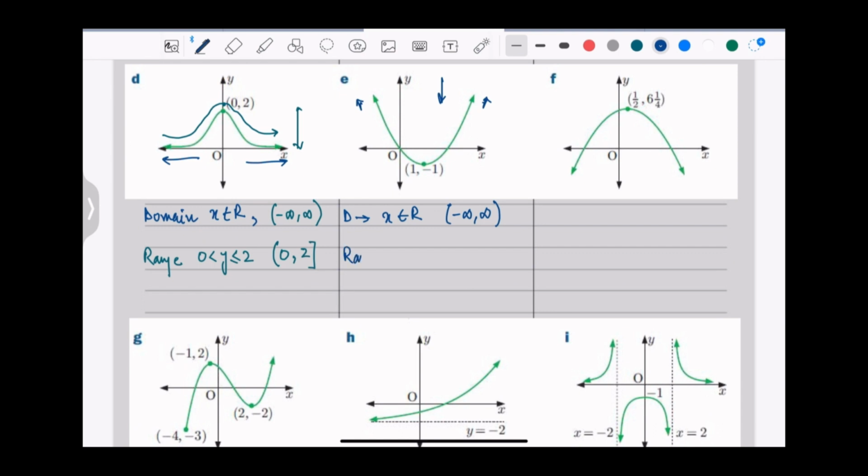But the range, the spread of this curve, is, as you could see, that this is the minimum point it has attained, and after that it is going straight upward only. So the range is y is greater than or equal to -1, because -1 is also a part of it. So you write [-1, infinity).